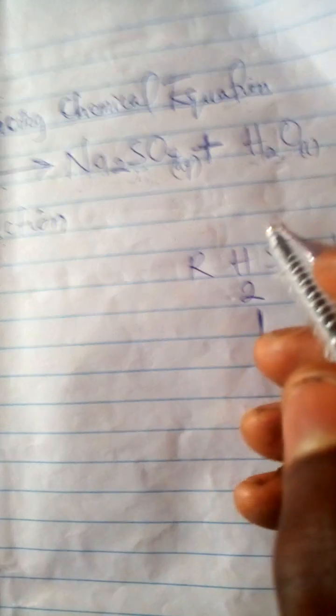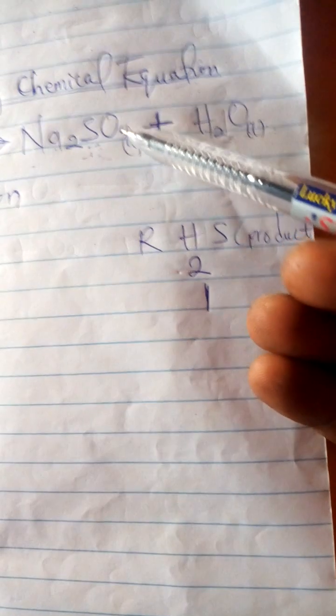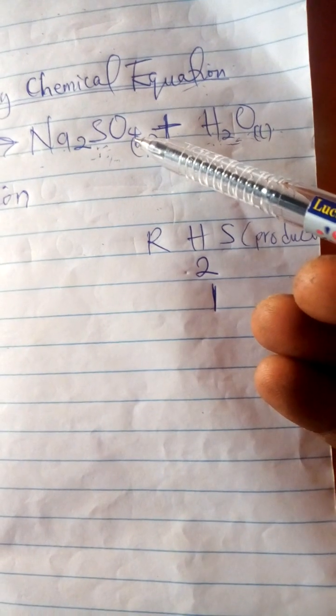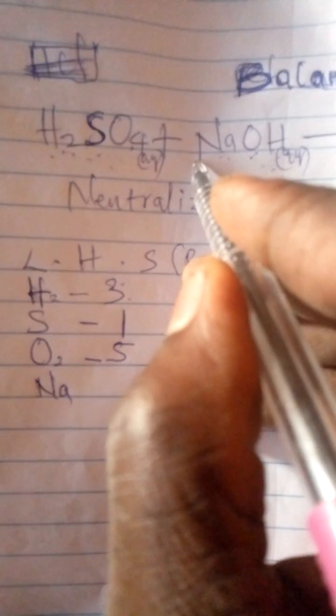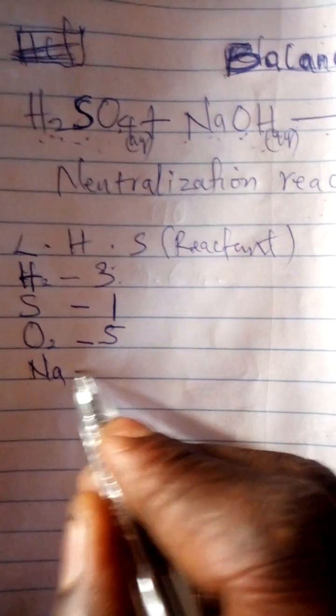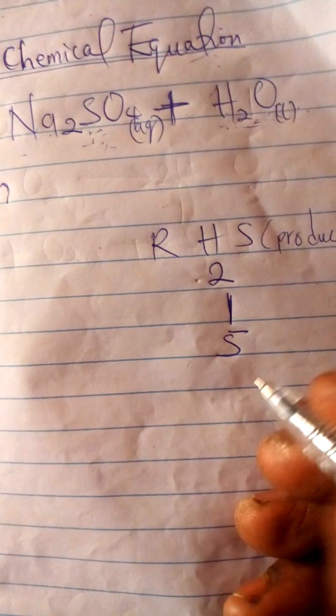In the right hand side, the product side, oxygen here is how many? This is 4 plus 1, which is 5. While sodium in the left hand side is how many? 1. Sodium in the right hand side is 2. So therefore the equation is not balanced.